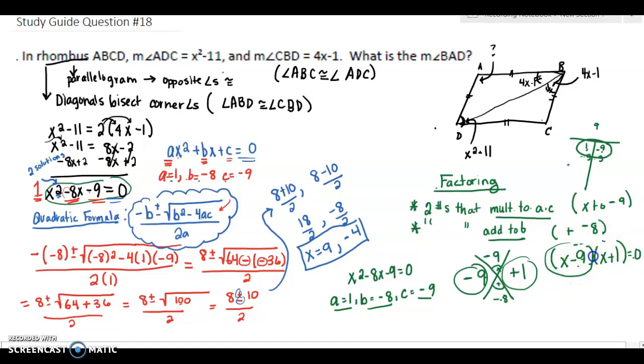So how do I make x minus 9 equal to 0? Well, when x is 9. How do I make x plus 1 equal to 0? Well, that's when x is negative 1. So my two solutions are 9 and negative 1.